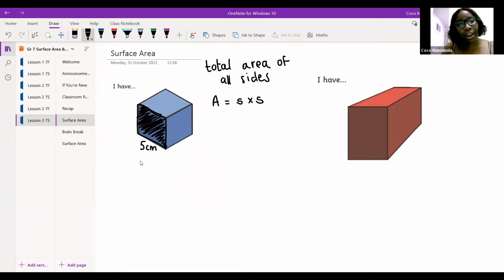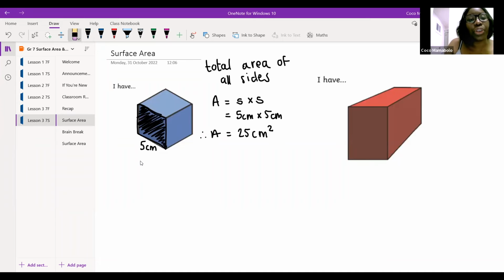When I calculate the area of a square, I take the side times the side. Because it's a square, all the sides are equal to each other. They're all 5. So I'm just going to say side times side, which gives me 5 centimeters times 5 centimeters. Therefore, my area is equal to 25 centimeters squared.